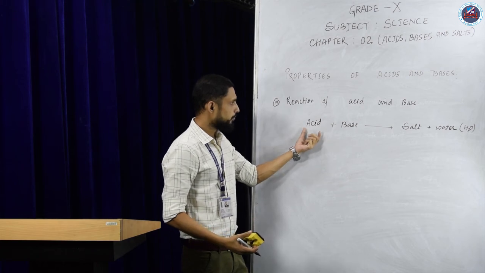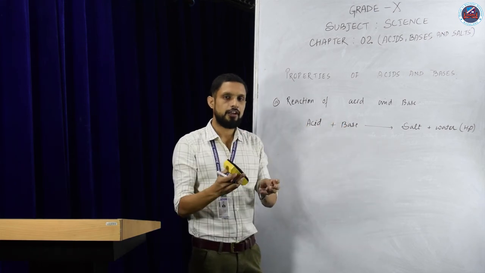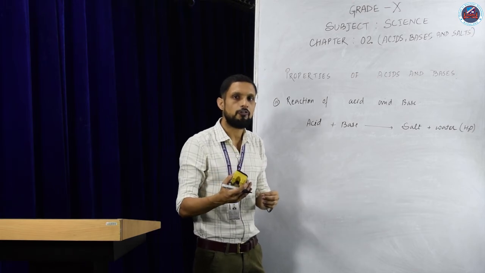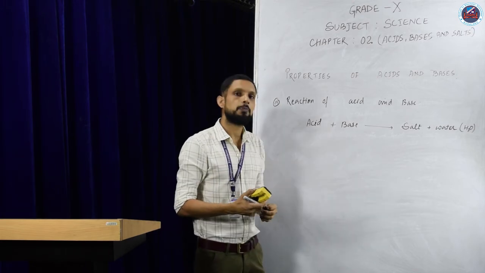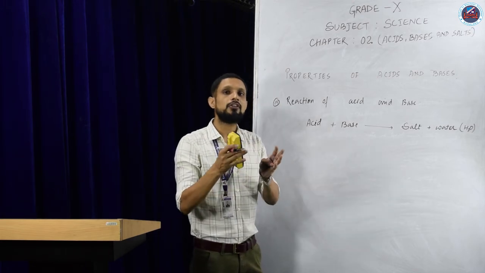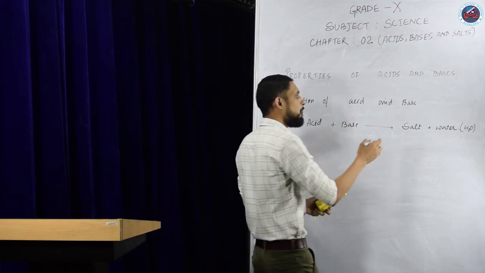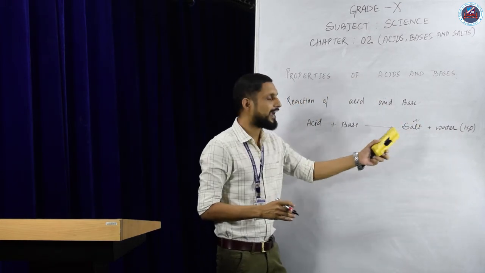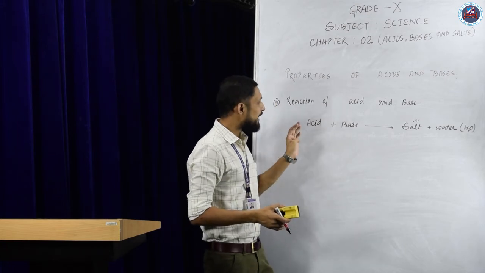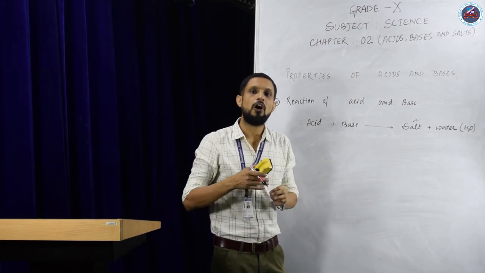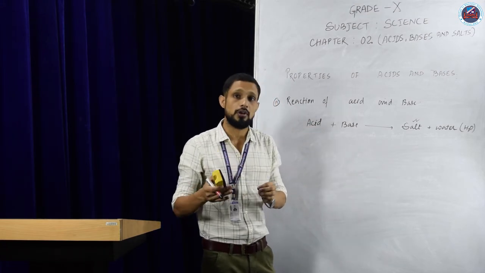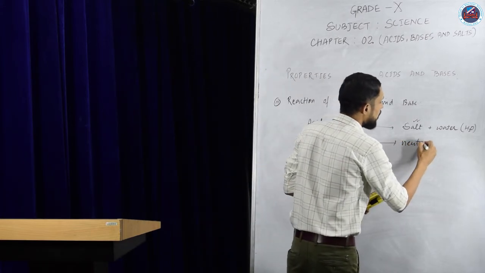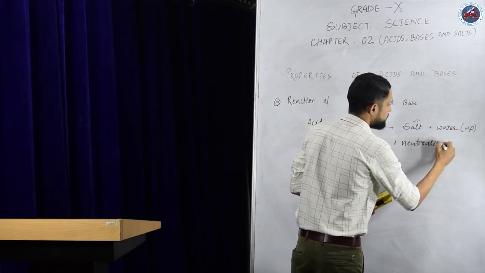If acid and base react, the acidic property of the acid and basic property of the base will get neutralized and they will form salt and water. Now in this reaction, since the acidic and the basic property of the compound gets neutralized, this reaction is also known as neutralization reaction.